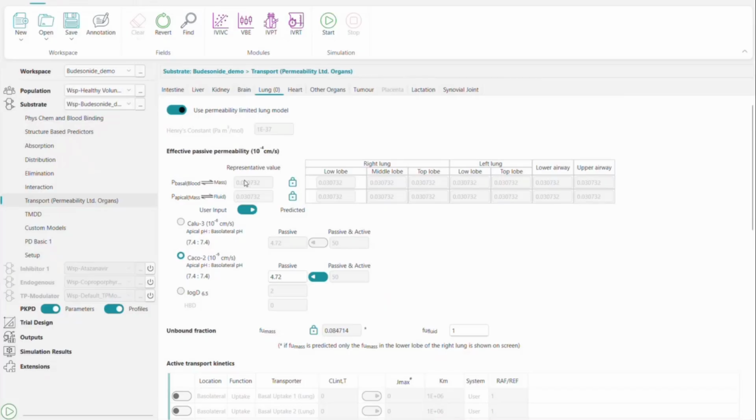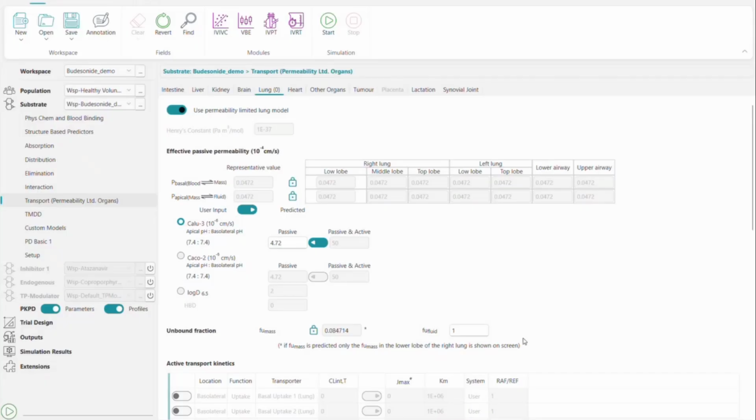You get a different value because there's a correlation between the two rather than using the value directly. And there's also a PhysChem-based predictor. You just specify the log D of the compound at pH 6.5, and the hydrogen bond donors. But we have CALO3, which is probably the best one, I guess, the most lung-specific value that we have.